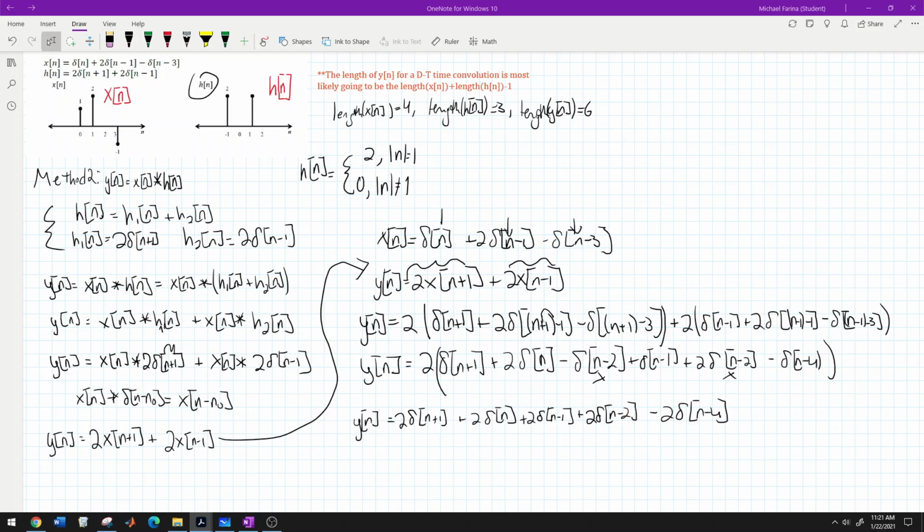Oh, I forgot to multiply this 2 by that 2. So that's going to be 4 delta n right there.